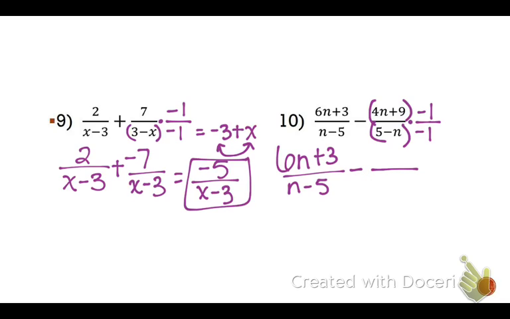If you need to rewrite this off to the side as a -5 plus n and then flip-flop it, that's fine. But hopefully after a couple of these, you can just go straight to n minus 5. What do I need to be careful about in my numerator? Everything changes. So this becomes -4n minus 9.